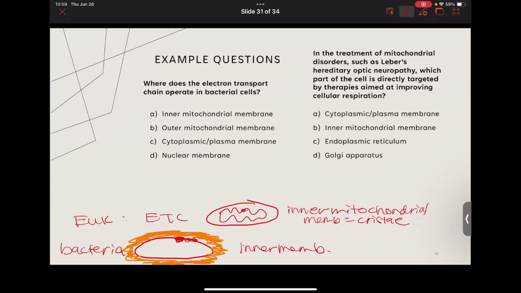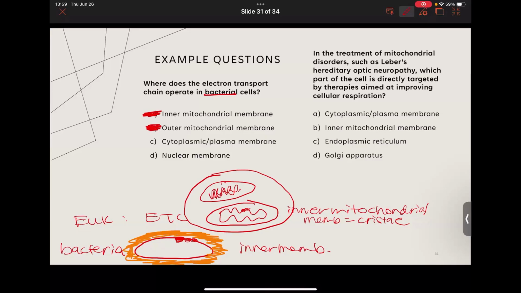So in eukaryotes, this happens in the mitochondria in that larger cell that has a nucleus with DNA in it. And so this is your mitochondria. Okay. Where does the electron transport chain operate in bacteria? Is it on the inner mitochondrial membrane? Bacteria don't have a mitochondria. Is it on the outer mitochondrial membrane?